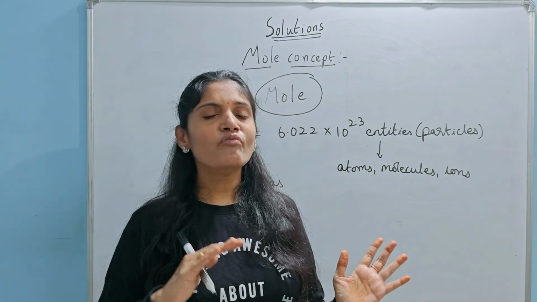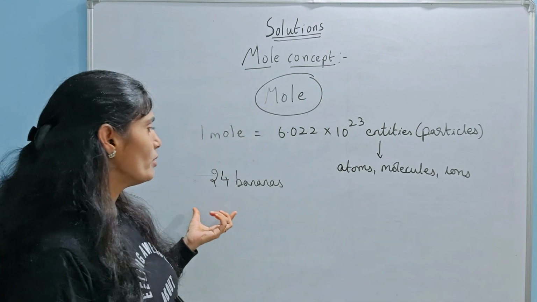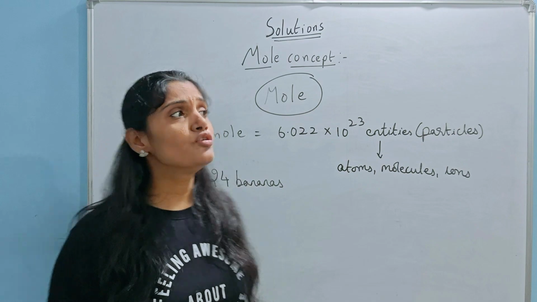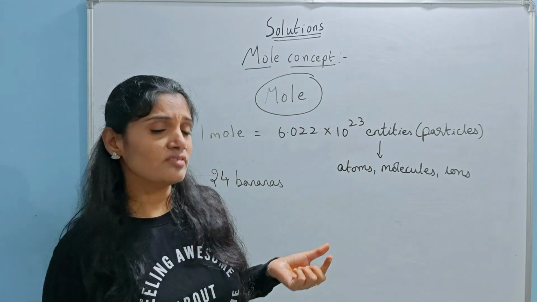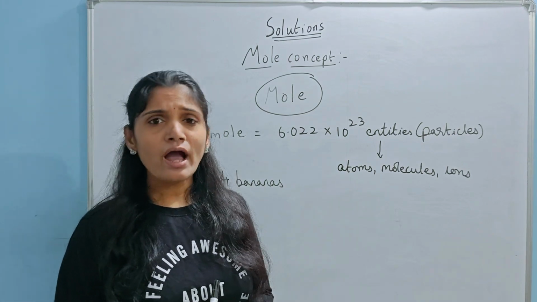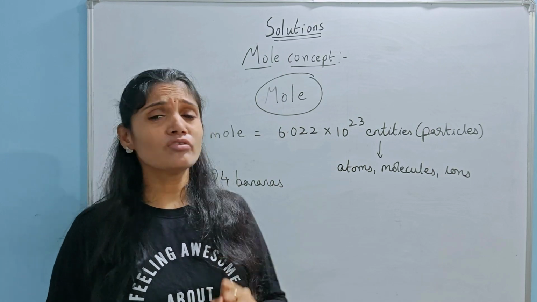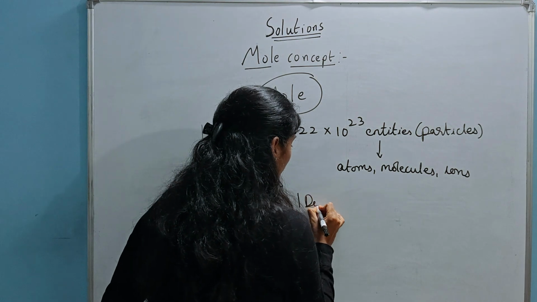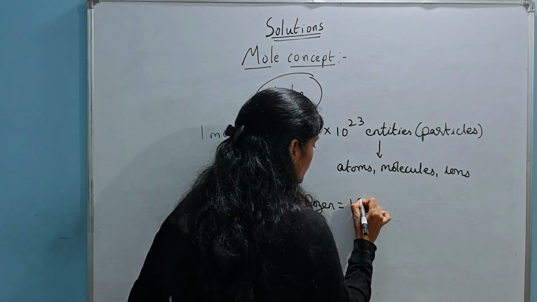So we will convert 24 bananas into dozens. To do that, I should divide it by a reference number. I know 1 dozen is equal to 12.